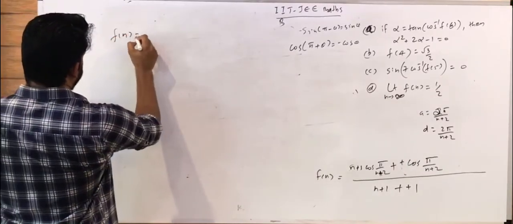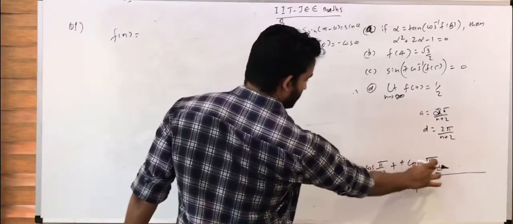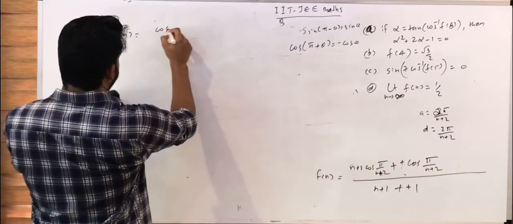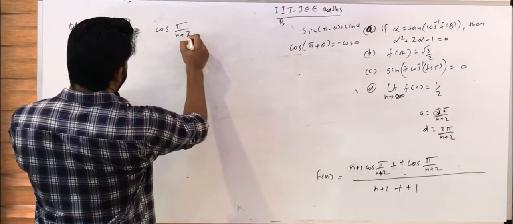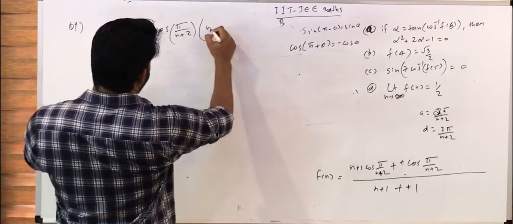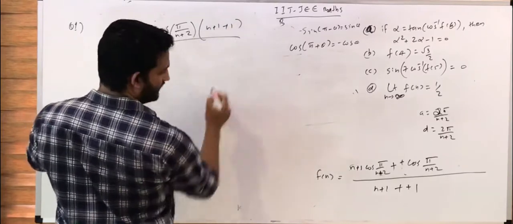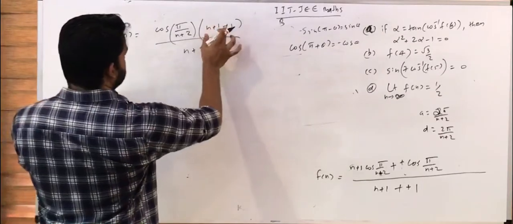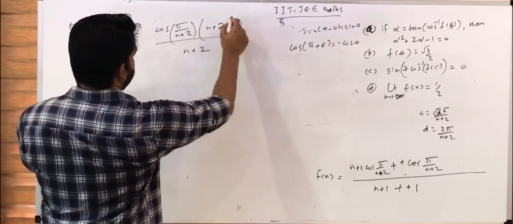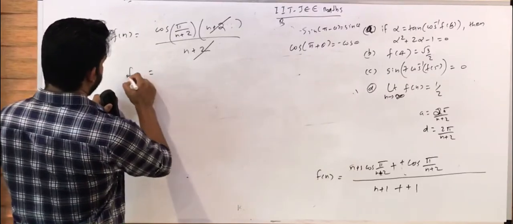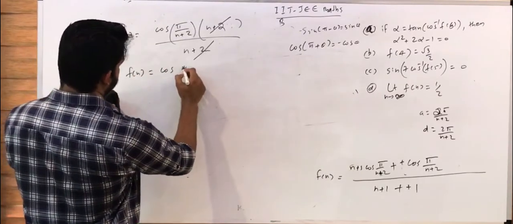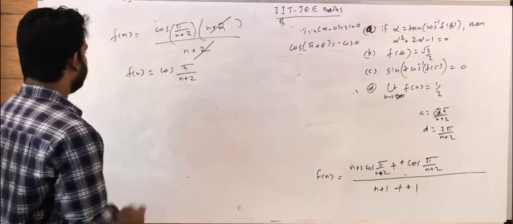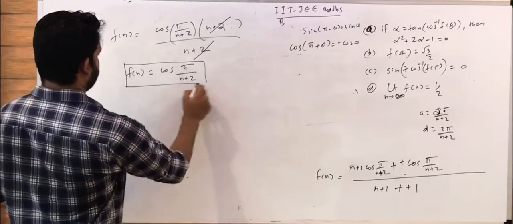So f of n is equal to, from these two terms cos pi by n plus 1 is common, so we can take it outside. Cos pi divided by n plus 2 is common into n plus 1 divided by, in the denominator, n plus 2. This is plus 1 n plus 2. These two terms cancel. So finally we get f of n is equal to cos pi divided by n plus 2. Okay. So this is f of n.